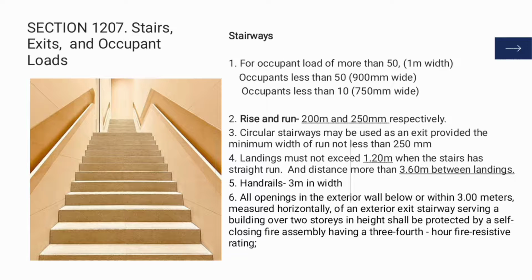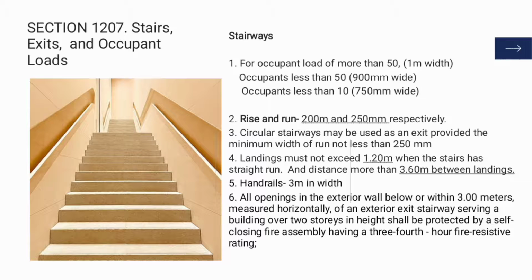For the rise and run of the stairways, the rise of every step in a stairway shall not exceed 200 millimeters, and the run shall not be less than 250 millimeters. So the maximum variation in the height of risers and the width of the treads in any one flight shall be 50 millimeters.